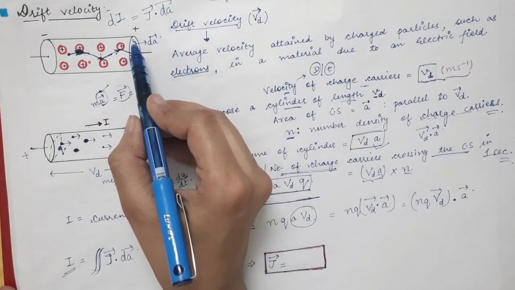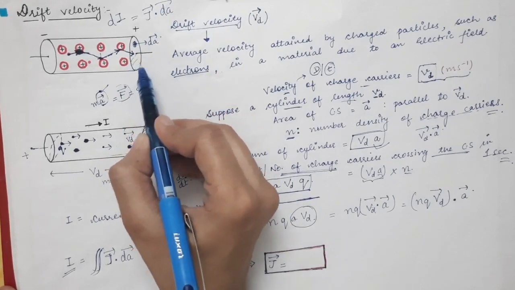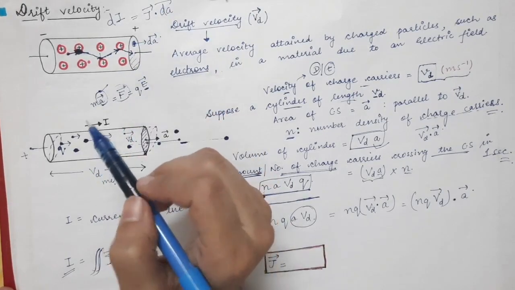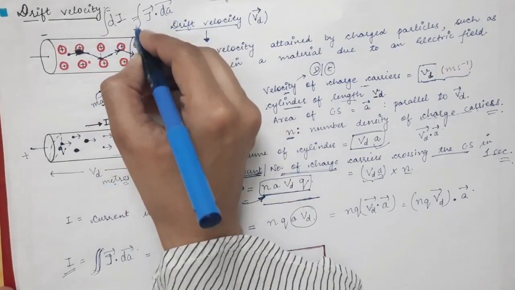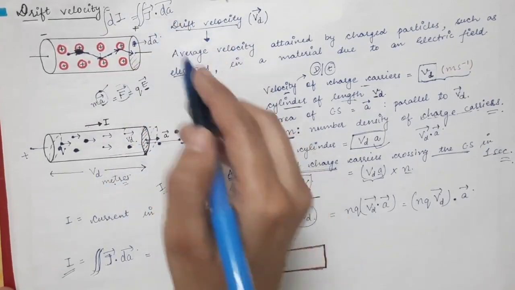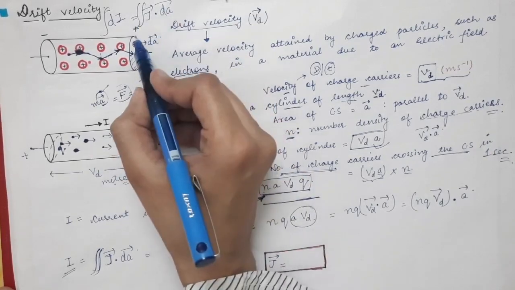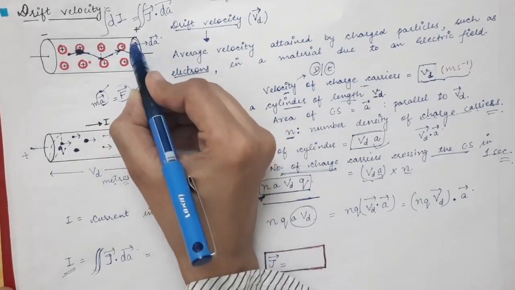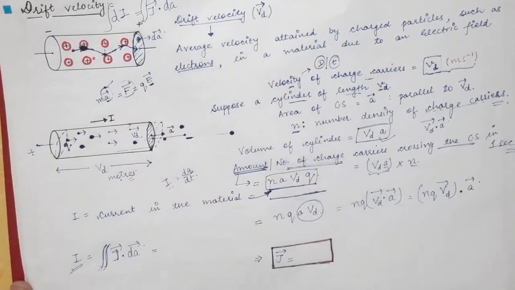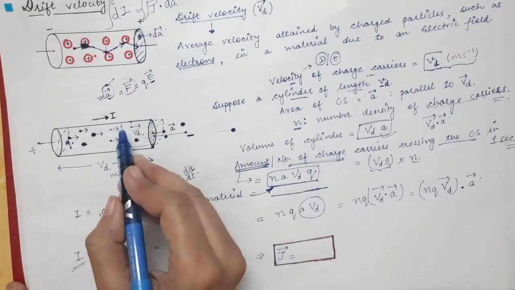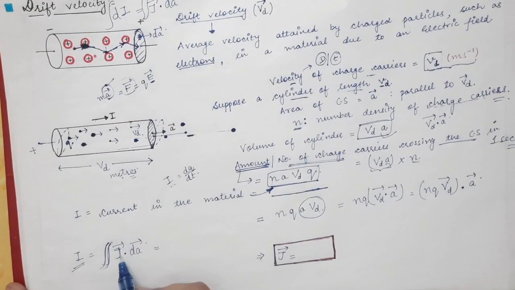But if I want to find the total current flowing through this whole cross section, then I have to do the integration, the surface integration over this whole surface. So the total current I is given by surface integration of J vector dot product with dA vector.